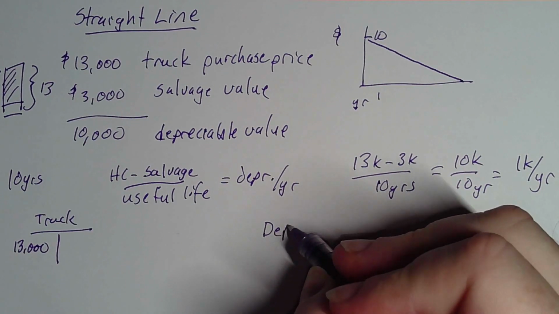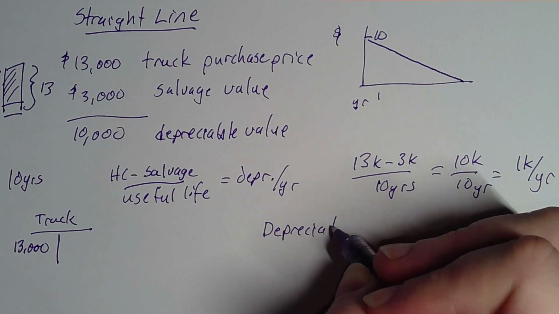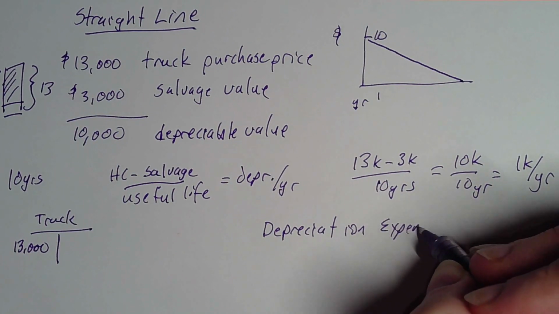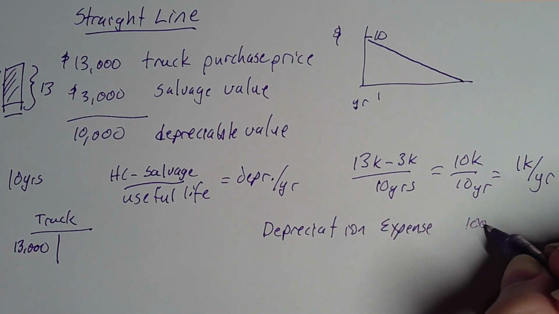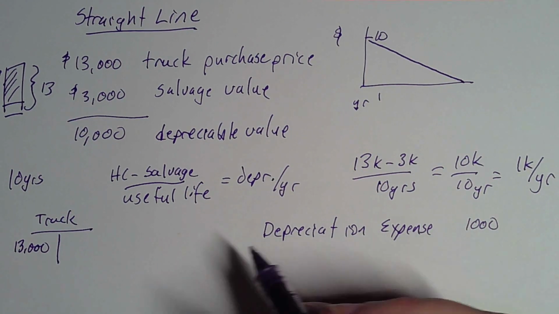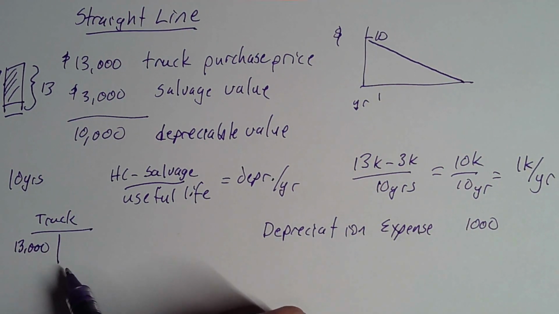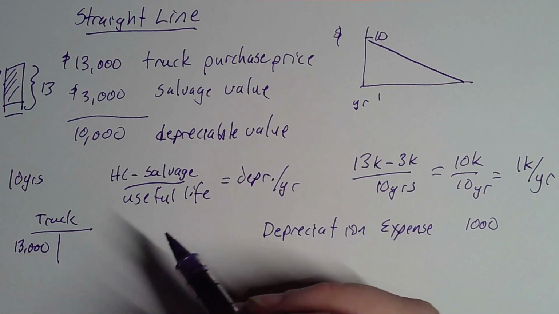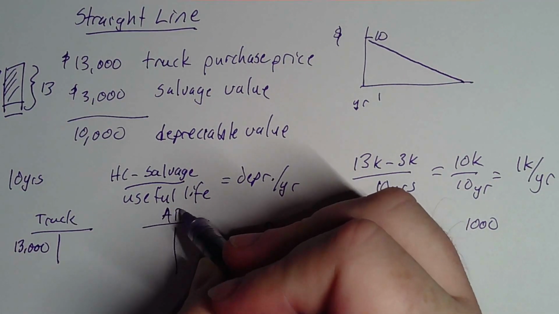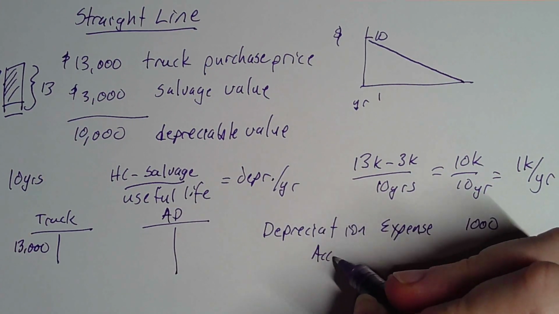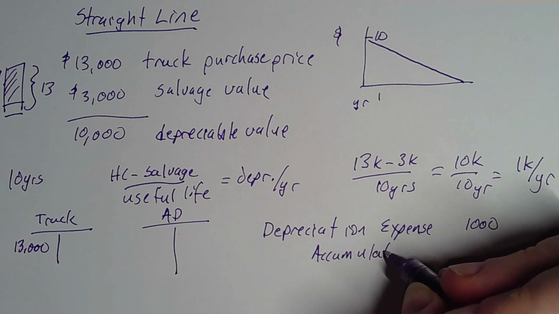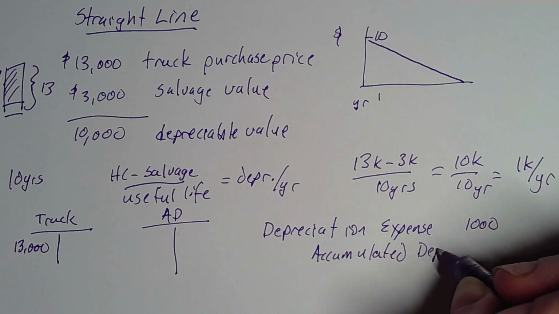Well, depreciation is an expense, so it's a debit, and it's 1,000 here. And what is the credit? Well, you may think that we're going to write down the truck directly, but that's not actually what we do. We actually keep a separate account, and it's called accumulated depreciation.